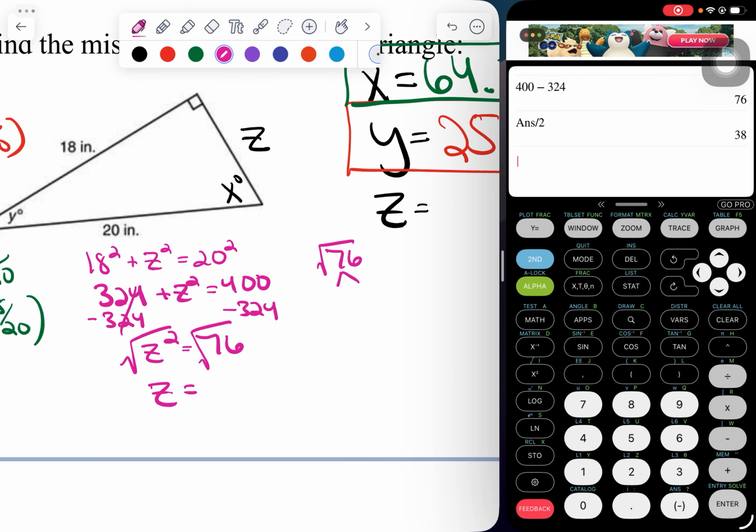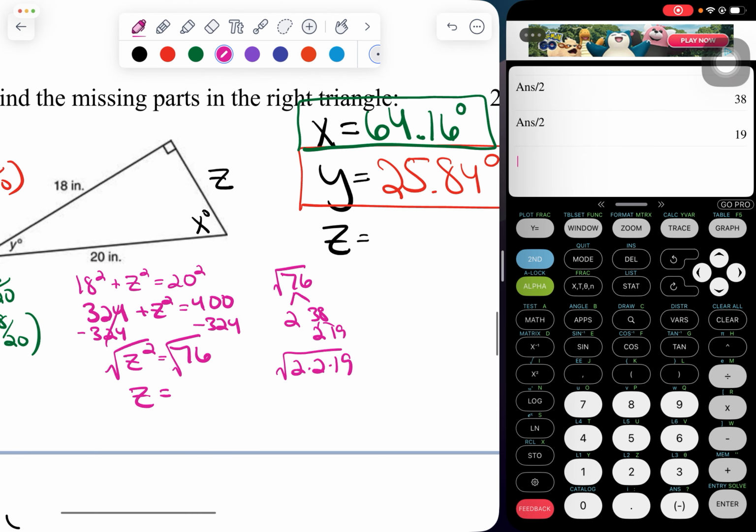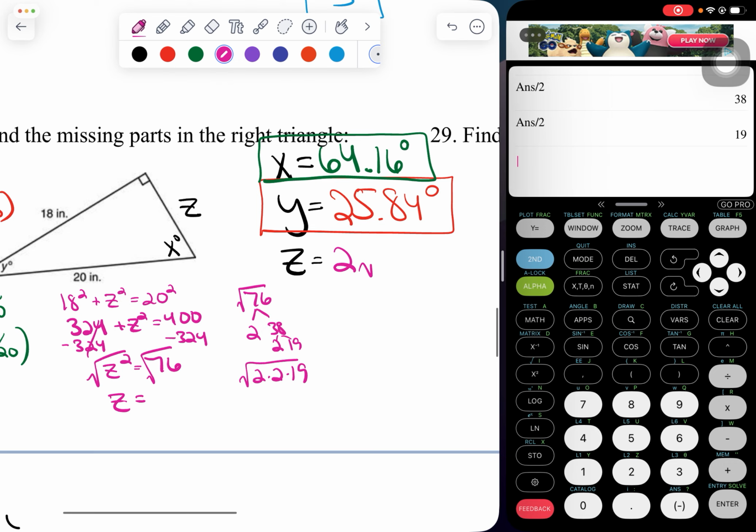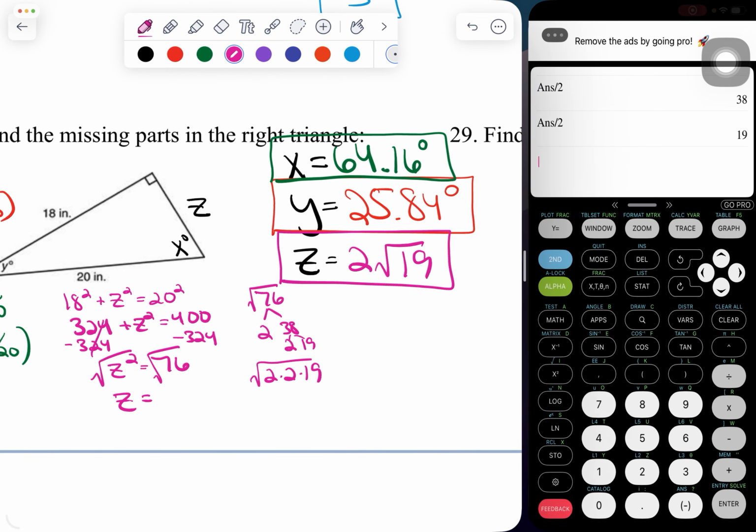Let's divide it by 2. That's going to be 38. Divided by another 2, that's going to be 2 and 19. 19 you're stuck with. So this is going to be the square root of 2 times 2 times 19. So all together now, that's going to be 2 root 19. The pair of 2's, 1 escapes, and then the root 19 stays.